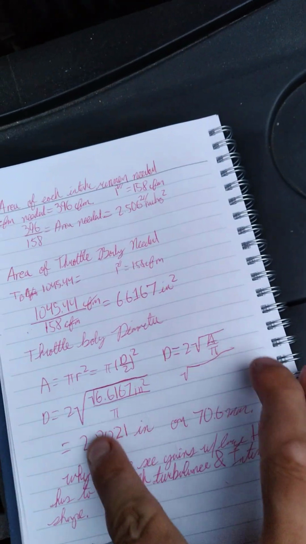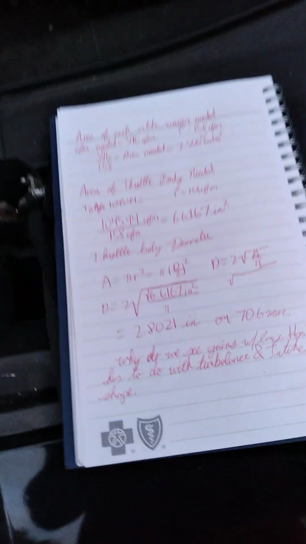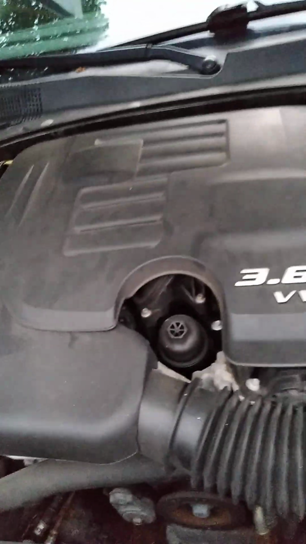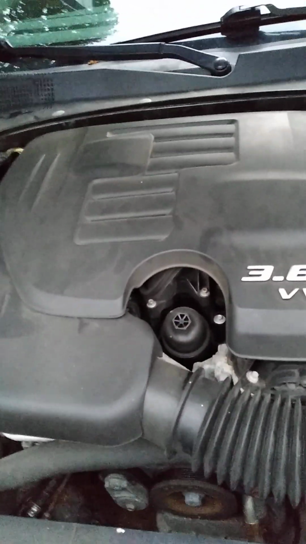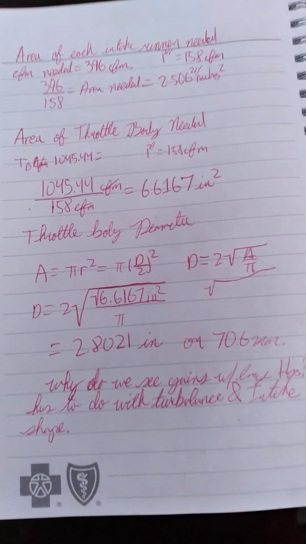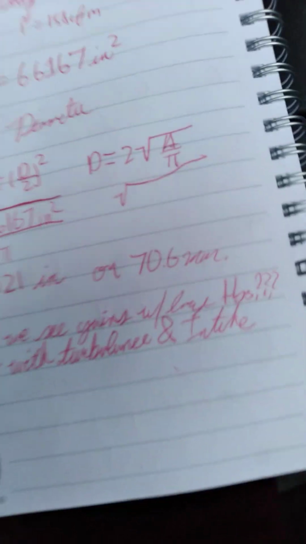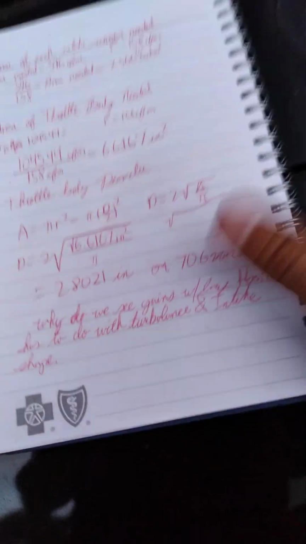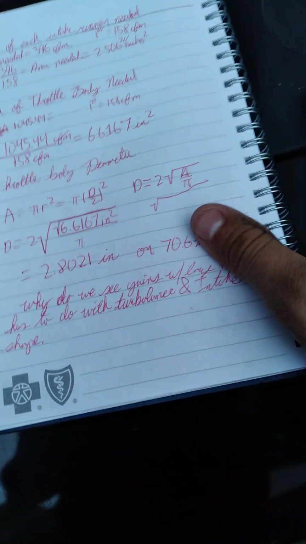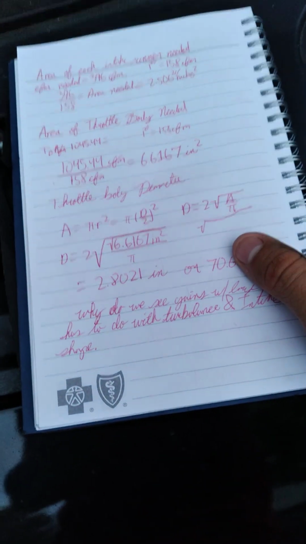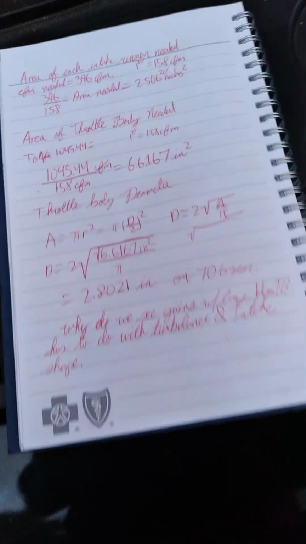We end up getting a diameter of 2.8 inches, or 70.6 millimeters. On these intakes, it actually has a 76 millimeter throttle body. So we need a 70.6 millimeter throttle body to get the flow we need, if everything was perfect.